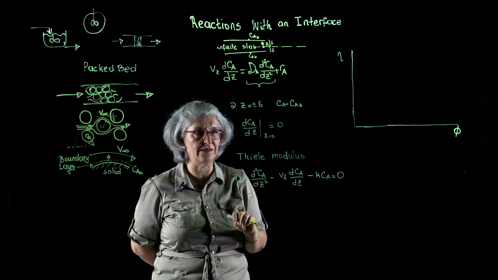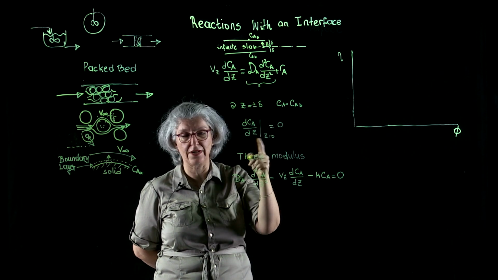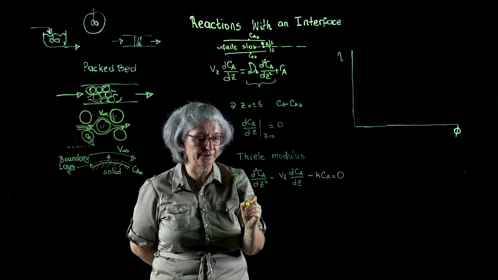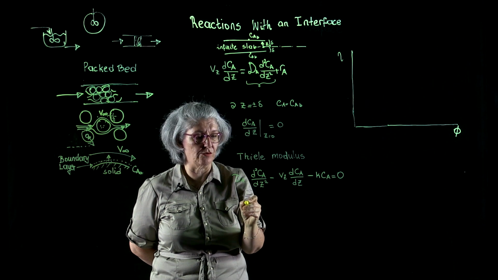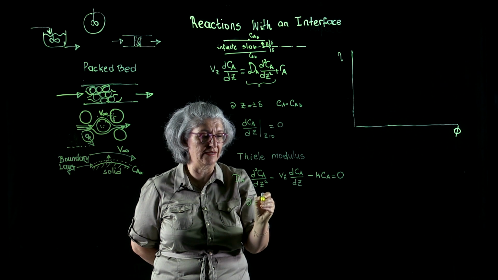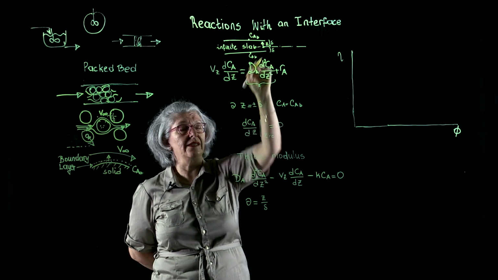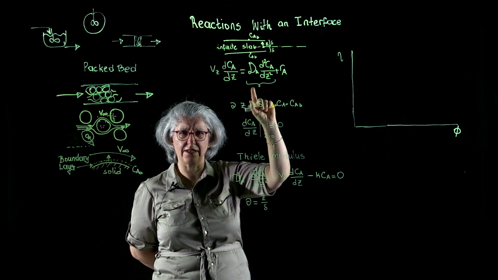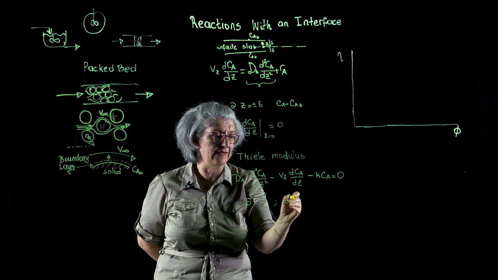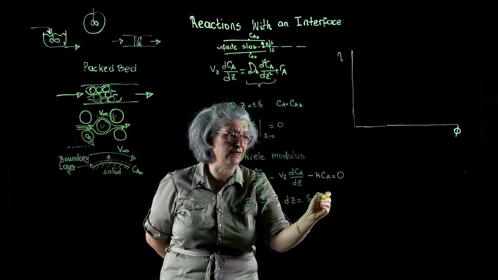First, let's make our z dimension dimensionless. Let us generate a new dimensionless coordinate called theta, which is equal to z over delta. Delta is the thickness, all right, not the full thickness, half thickness. So dz is going to be equal to delta times d theta.